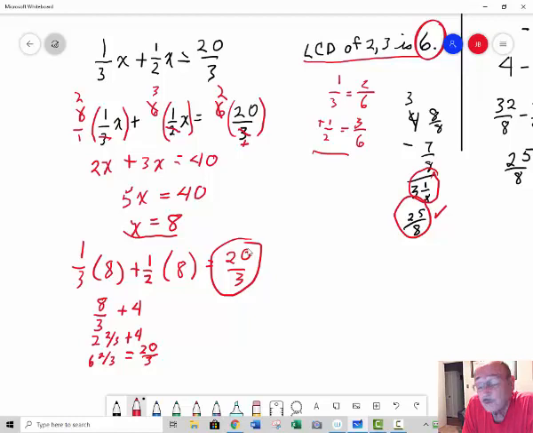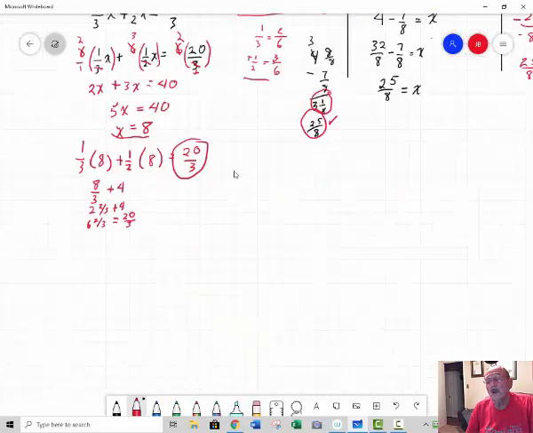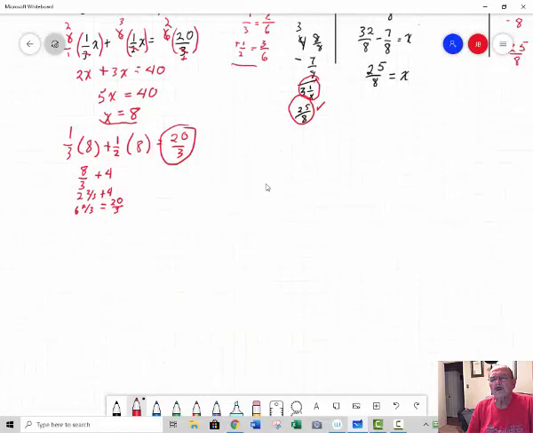Okay, that's the practice that you have to work on as far as these fractions. Maybe just another little tip. If you've got some odd denominators, let's suppose that I have, I don't know, let's say 1/6 x plus 1/8 x equals 12.